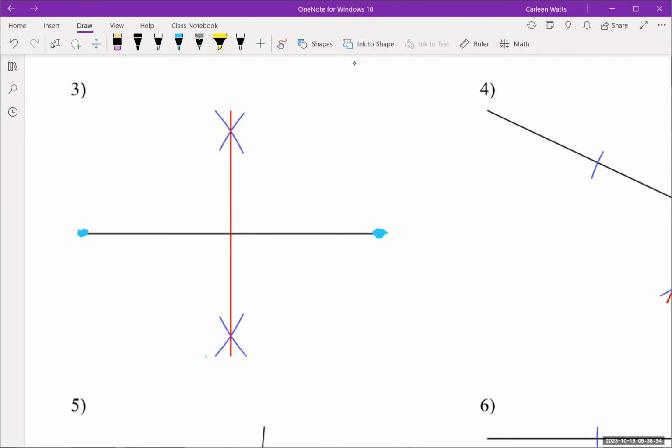So we could see that this point and this point, they are equidistant from the endpoints. I have found the middle. Not only have I found the middle, when I draw the red line, it hits the middle and it is perpendicular. Okay, so I know there's several that kind of look like this, but can anyone be brave and tell me the name of this construction?